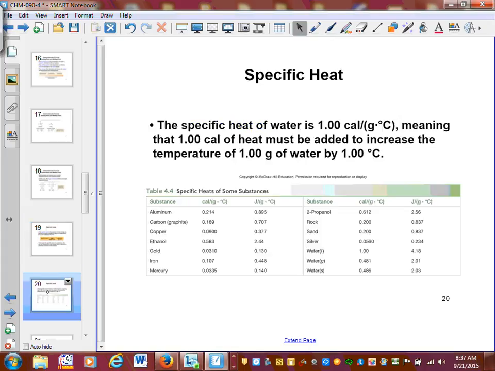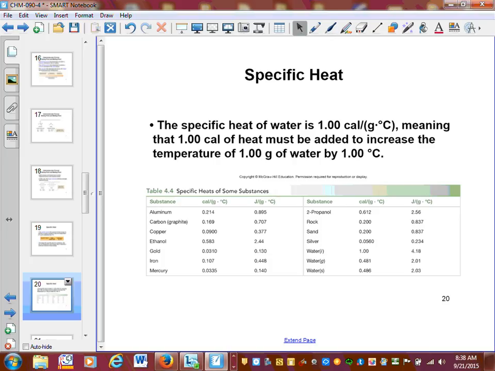If we look at some specific heats, here's water, liquid, which is 1 calorie per gram per degree C. If we come over here, aluminum, 0.2, copper, 0.09, iron, 0.107, much less than water. So they absorb heat less than water.